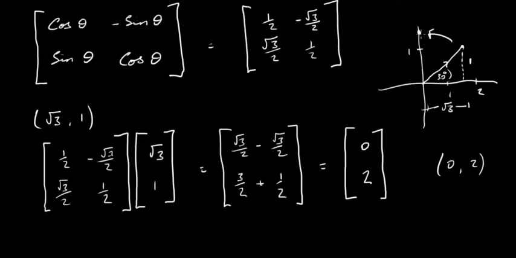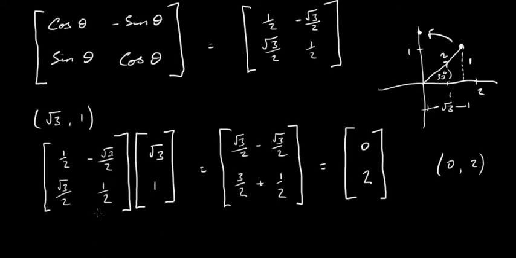And 60 plus 30 is 90, so we should end up on the y-axis, and we see we have ended up on the y-axis. If you use Pythagoras' theorem to work out this distance, with root 3 and 1, you will find that the modulus of this position vector, the distance from the origin, is actually 2. So this will work out correctly for us.